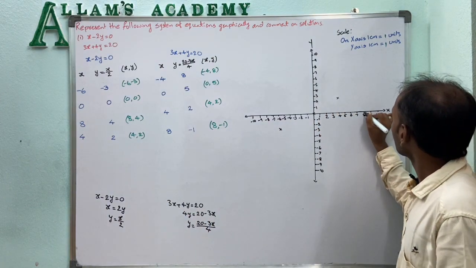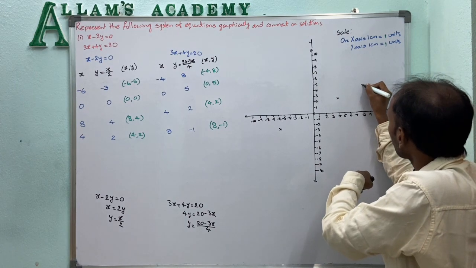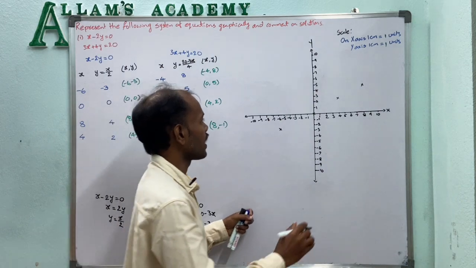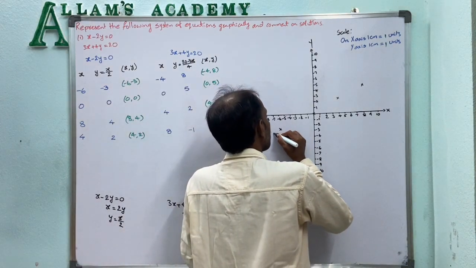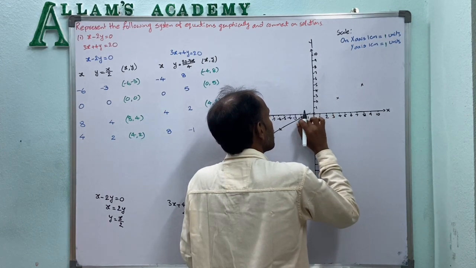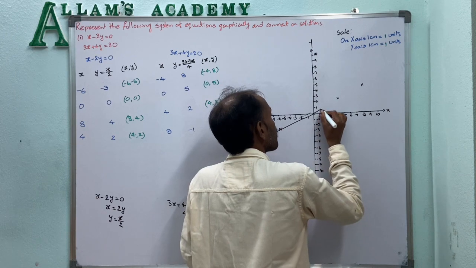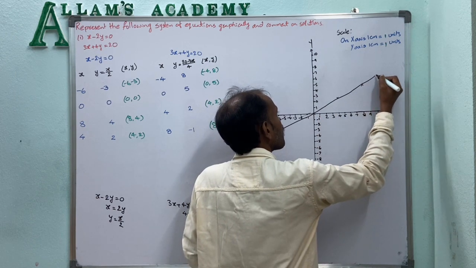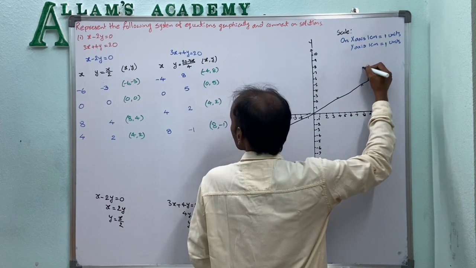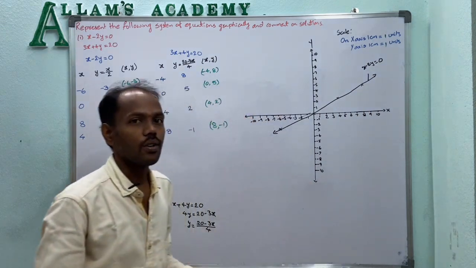Now if all the points are joined, we get a straight line. So that is x minus 2y equal to 0.